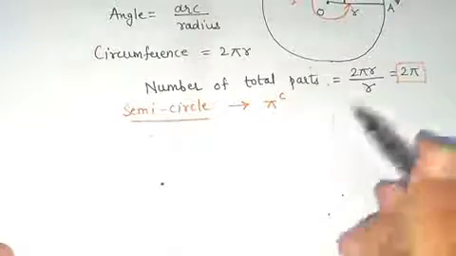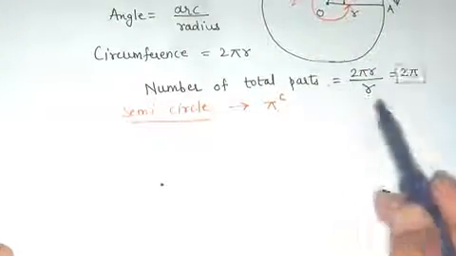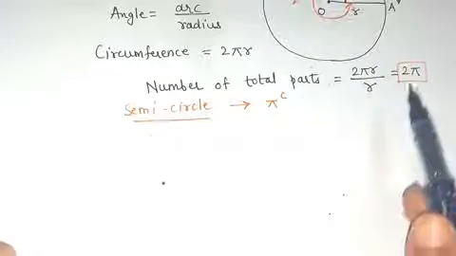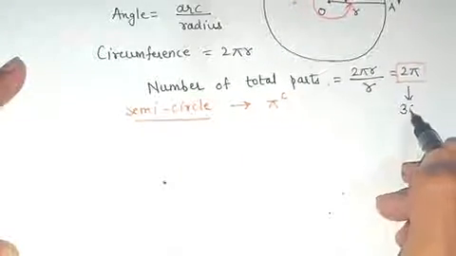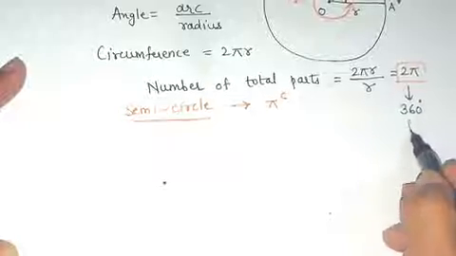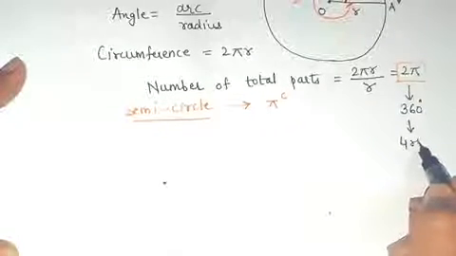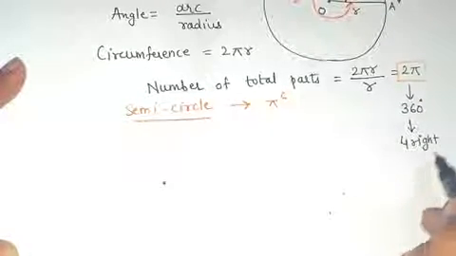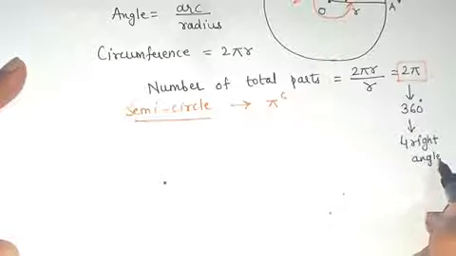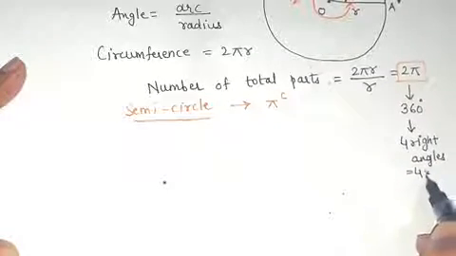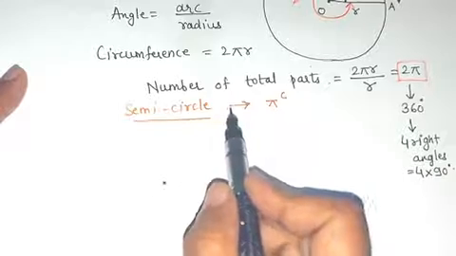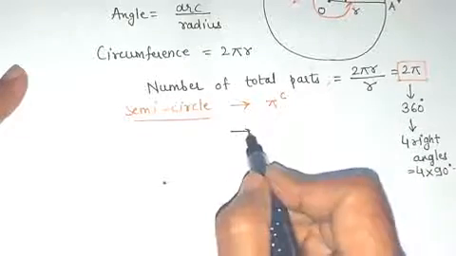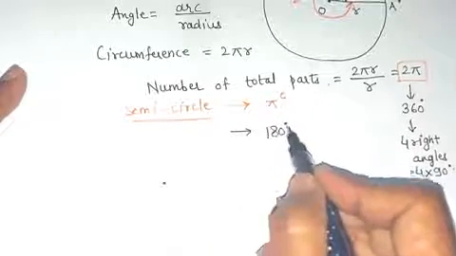And as we know, this total angle which was subtended by the complete circumference is equal to 360 degree or is equal to 4 right angles, because 360 degree equals 4 into 90 degree. So a semicircle will subtend an angle of 180 degree at the center.